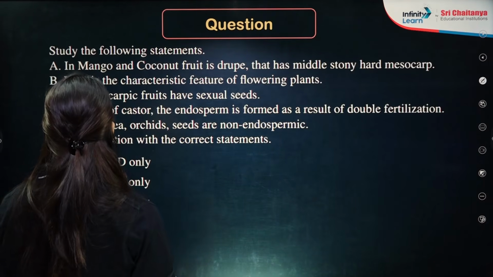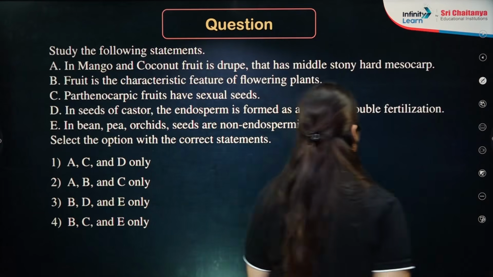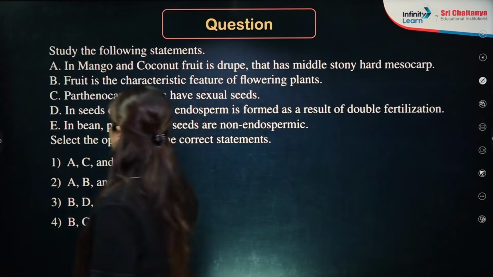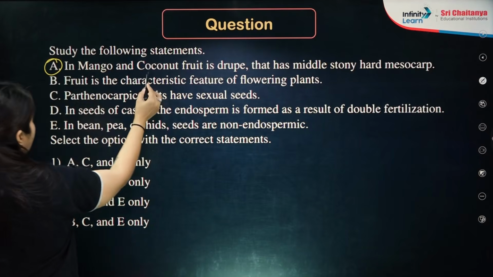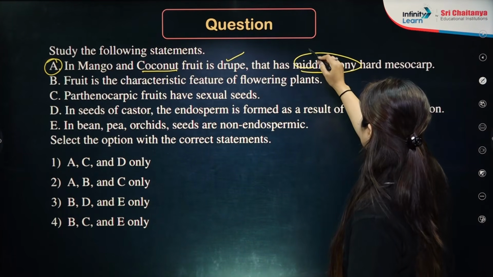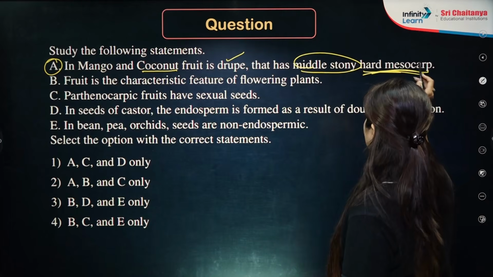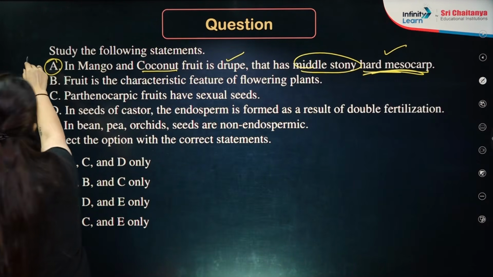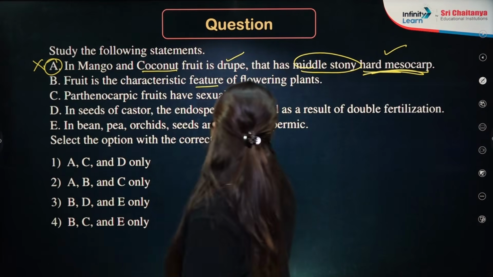Next question, match the following statement. We have been given 5 statement in this question. First statement, in mango and coconut fruit is drupe that has middle stony. It has to be hard, mesocarp is not there. It has to be endocarp, which is stony. Incorrect. Fruit is the characteristic feature of flowering plant.